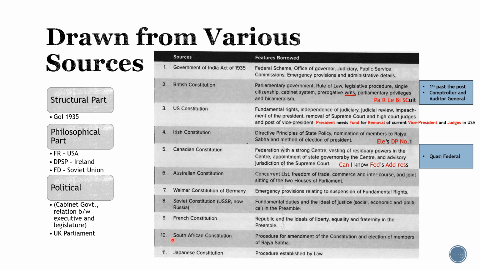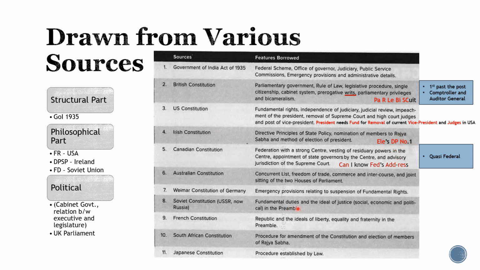We have the South African Constitution that gives us procedure of amendment of the Constitution and election of members of the Rajya Sabha. So again, we've seen this nomination of members of Rajya Sabha, Irish Constitution, LSDP number one, right?